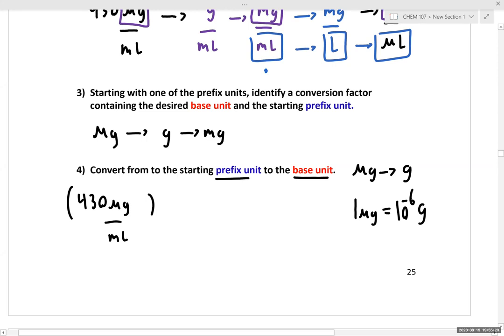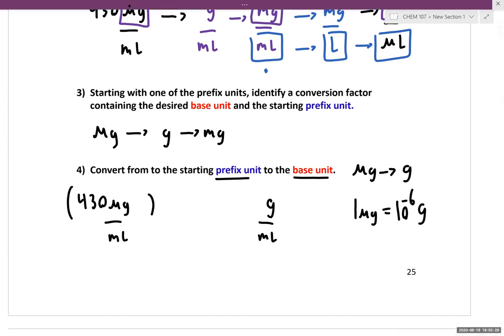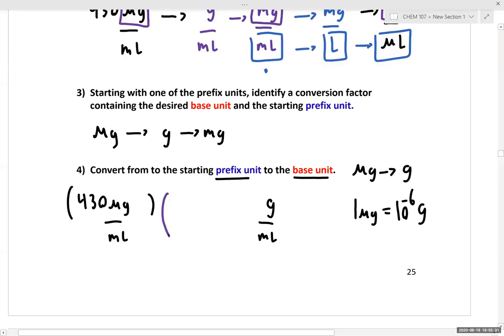Okay, perfect. To go from micrograms per mil to gram per milliliter, we need to multiply by our conversion factor. Since we're going from micrograms to grams, what unit do we want on top? Grams, exactly.